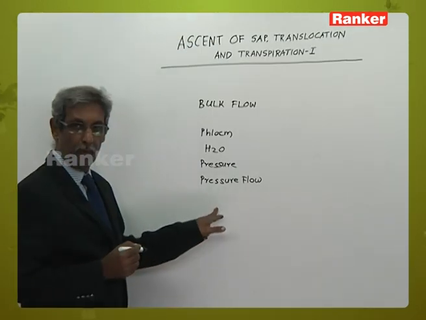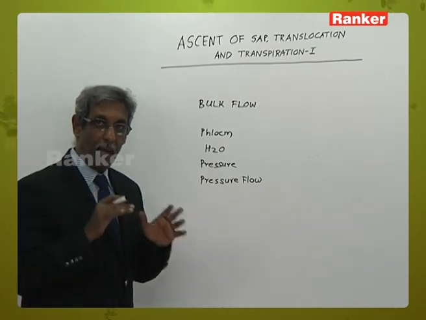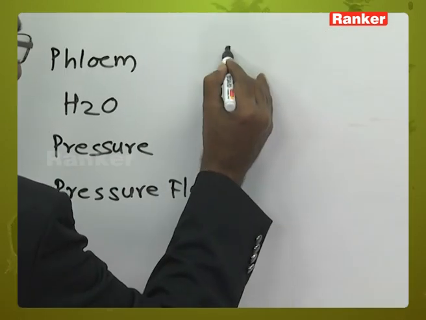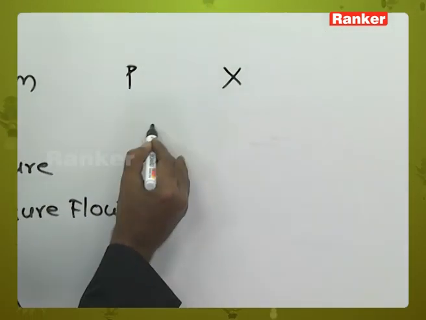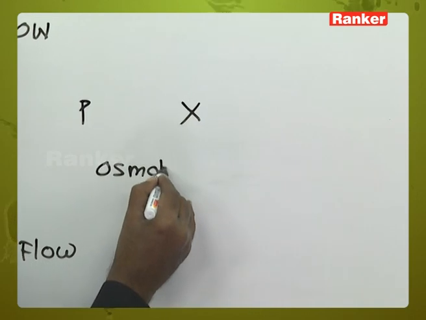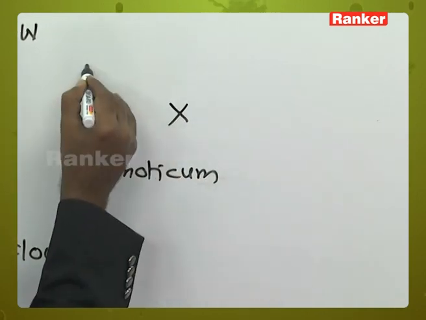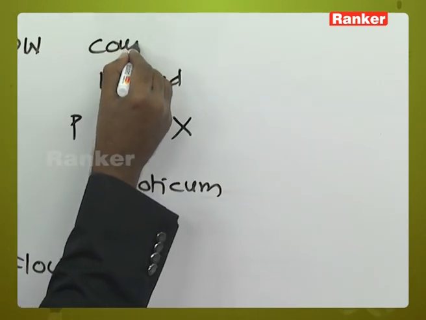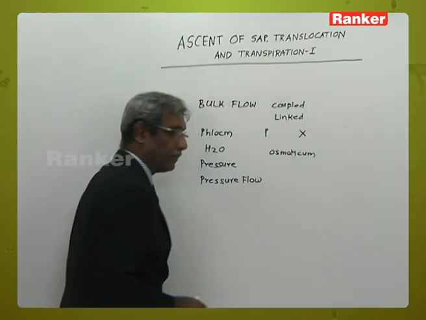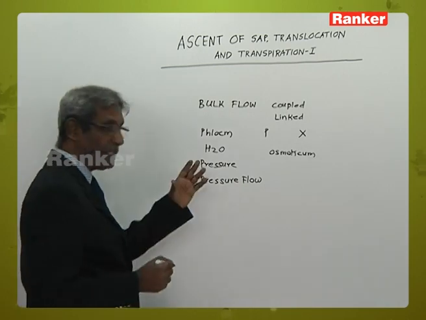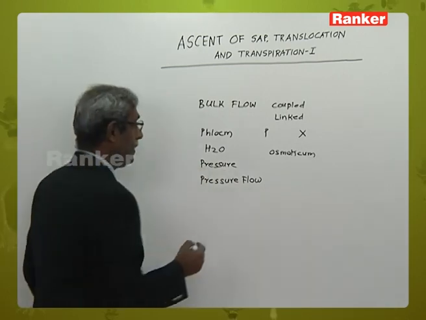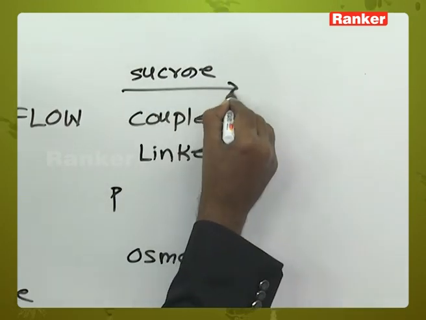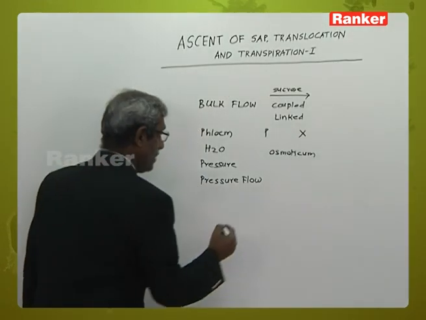In pressure flow, both the phloem and the xylem are coupled in an osmotic system. We have the phloem, then we have the xylem. It acts like an osmoticum and they are linked, that is, they are coupled. So, there is transport of sucrose as well as circulation of water.